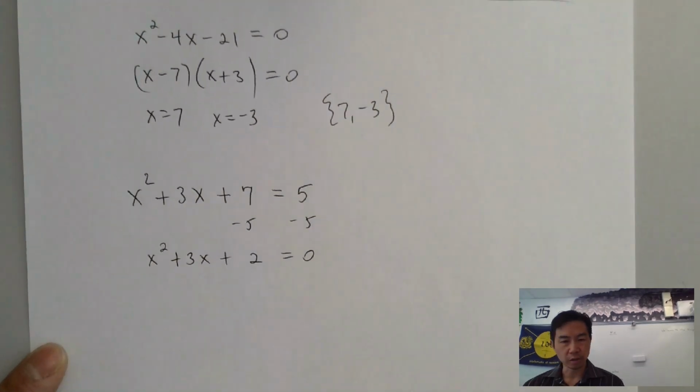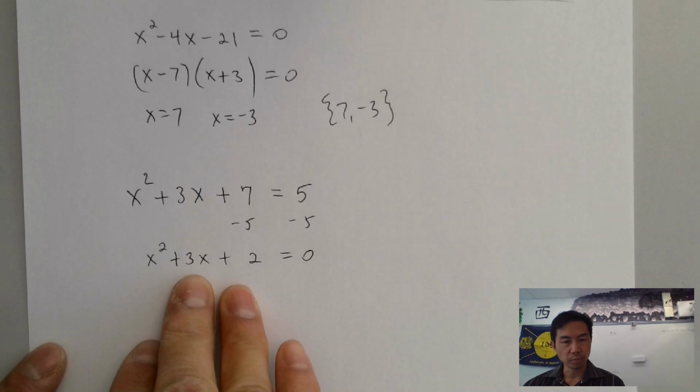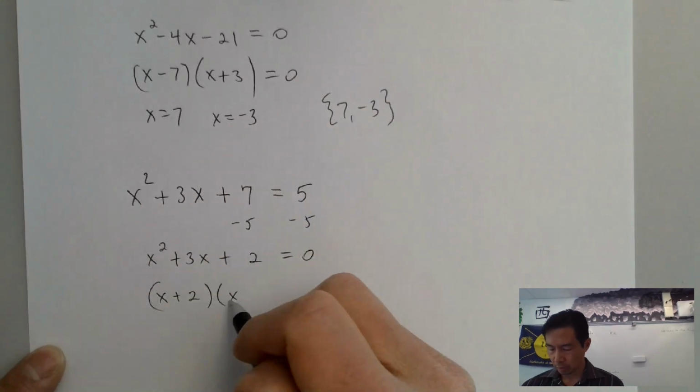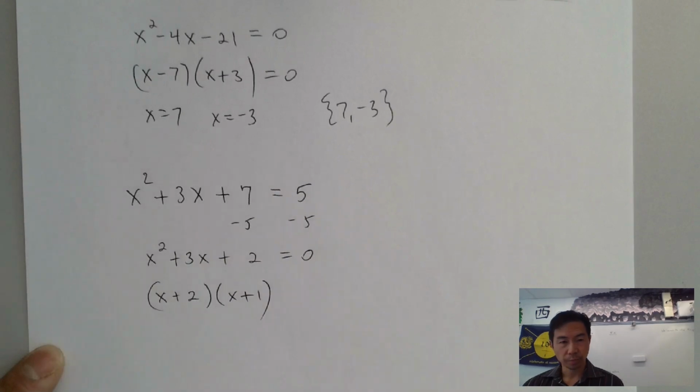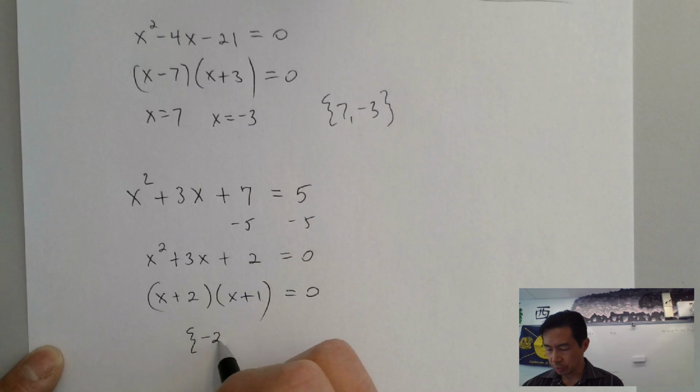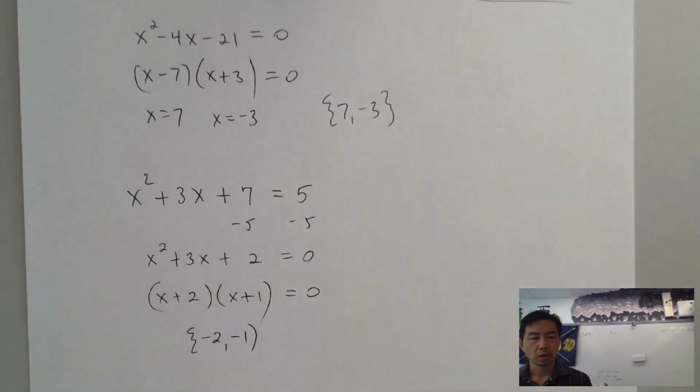Right side is now 0. Now I play the game. Winners are 2 and 1. And my solutions are -2 and -1.